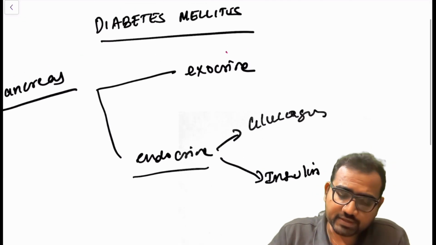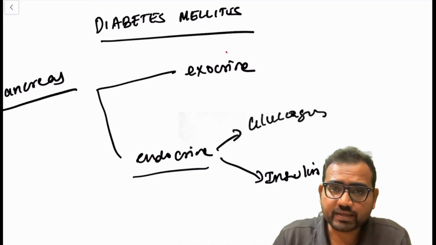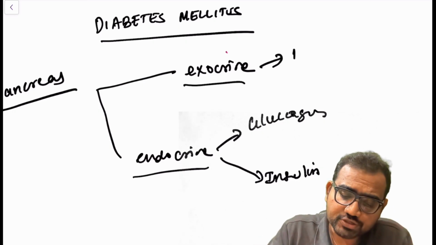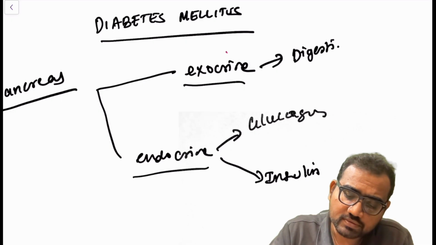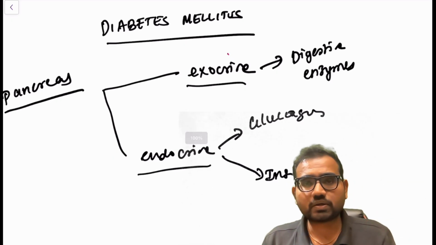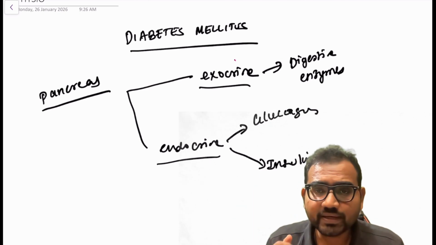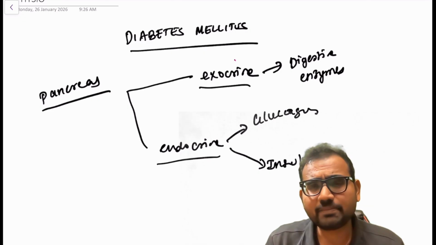The exocrine function of the pancreas, if you see, is the secretion of digestive enzymes. Okay, so it has two functions: endo, glucagon and insulin; exo, digestive enzymes and pancreatic enzymes.